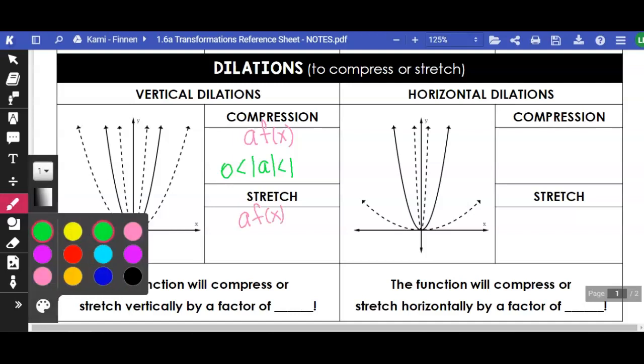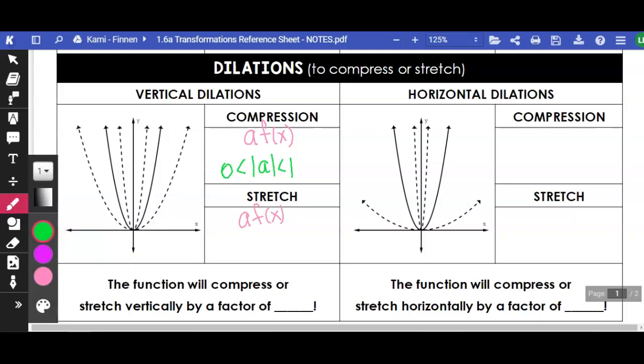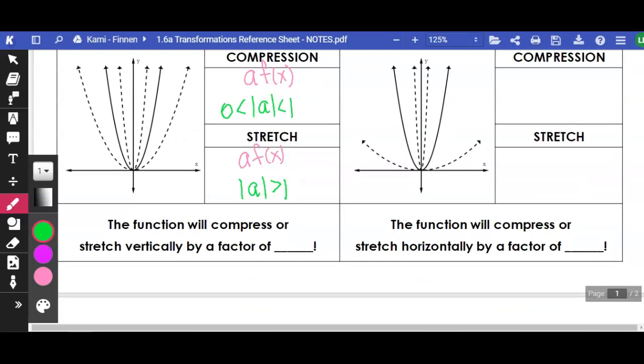What's different is the value of a. If the absolute value of a is greater than 1, then it's a stretch. So if I have 4 times f of x, that's going to stretch it by a factor of 4. Okay? So this says the function will compress or stretch vertically. Remember, it's vertical because it's the y value here, by a factor of the absolute value of a.